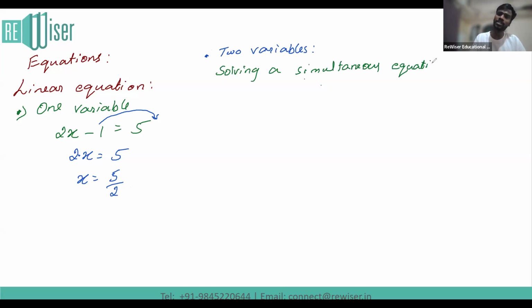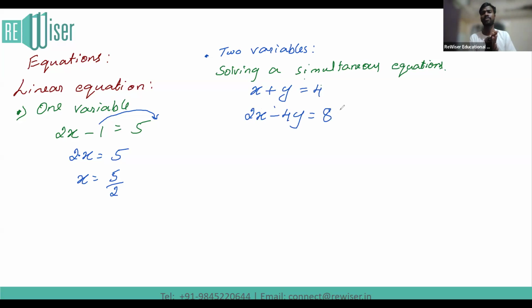Let's take an example: x plus y equals 4, and the second equation is 2x minus 4y is equal to 8. I'm taking a very simple example here. These are the two equations we have, and I have to solve for x and y.